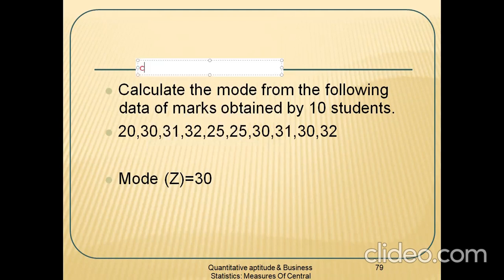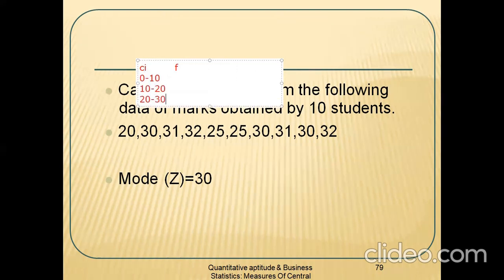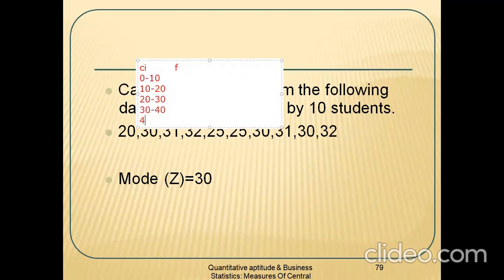Now let us take one example of continuous data. Under continuous data, how to calculate the mode? The classes are 0 to 10, 10 to 20, 20 to 30, 30 to 40, 40 to 50, and the last one 50 to 60.